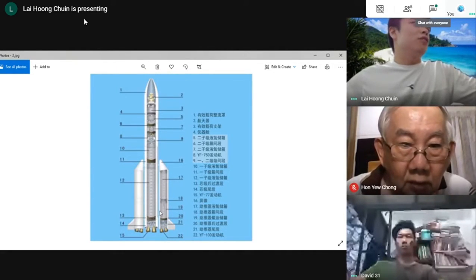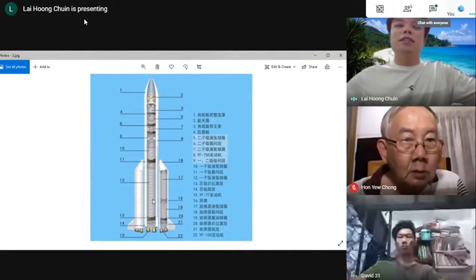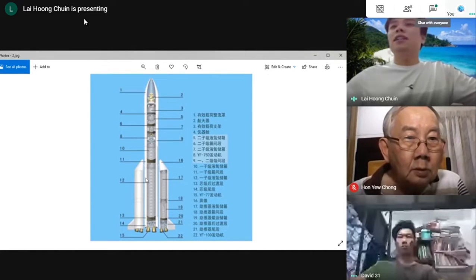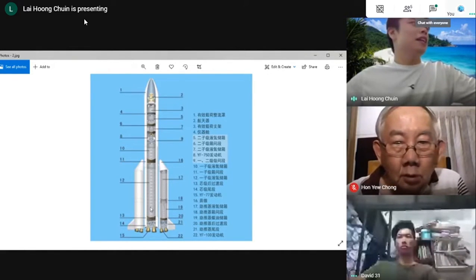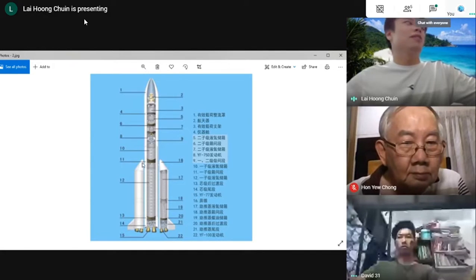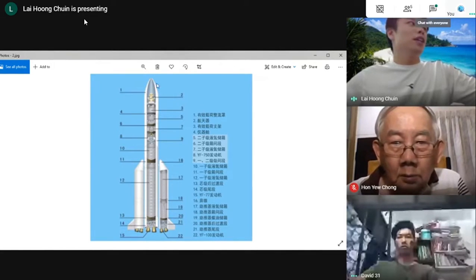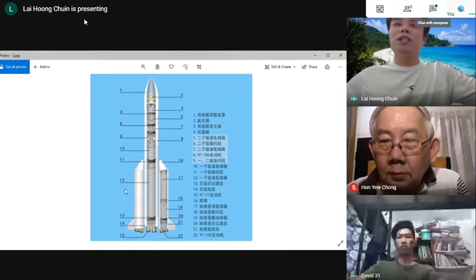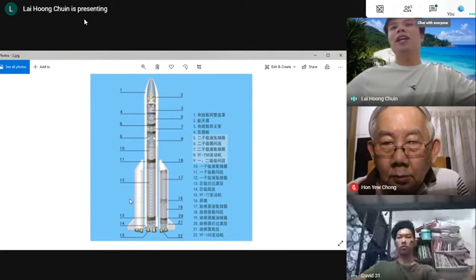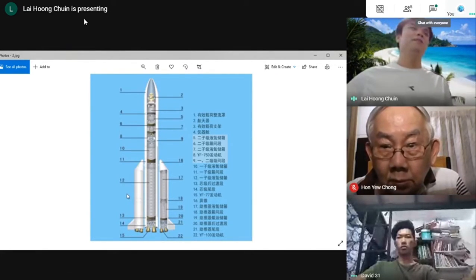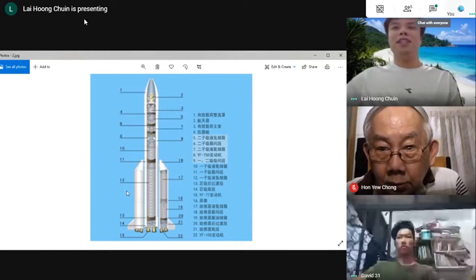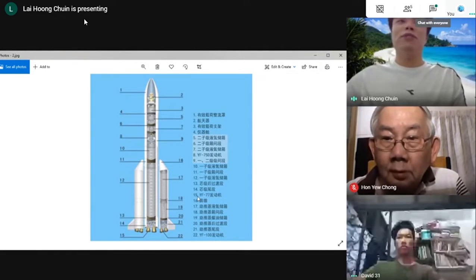So eventually they have a bigger hydrogen tank than oxygen tank. And it's a liquid rocket, so inside is liquid hydrogen and liquid oxygen. The whole rocket is very cold, the temperature is very low, so they also call it the ice rocket. In Chinese, they call it 冰箭. We use low temperature fuel.